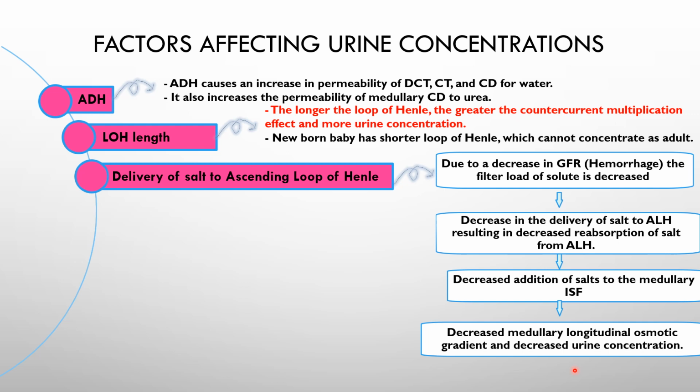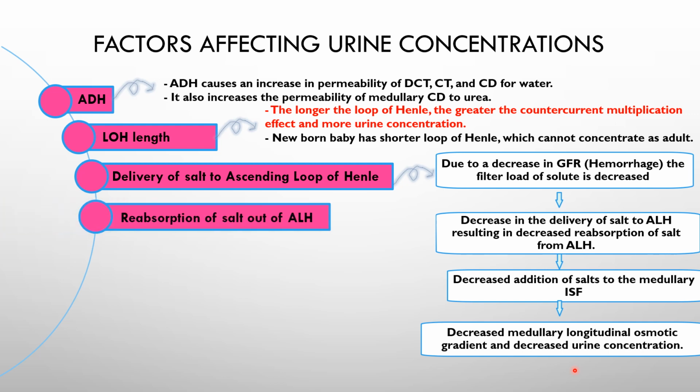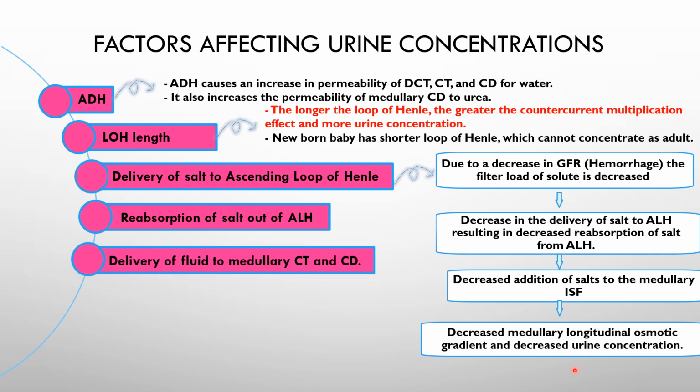So the delivery of the solute to the ascending limb is also important, and the reabsorption of the solute in the ascending limb and delivery of fluid to the medullary collecting duct, and medullary blood flow.